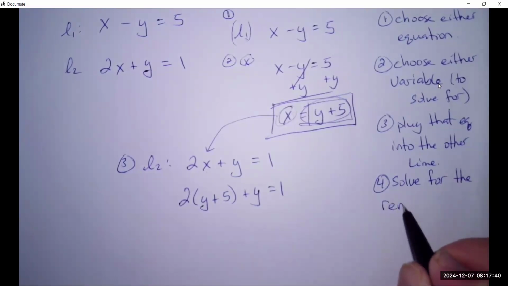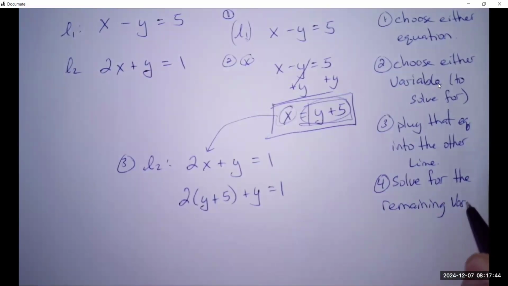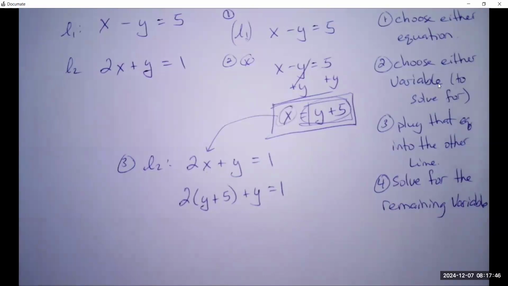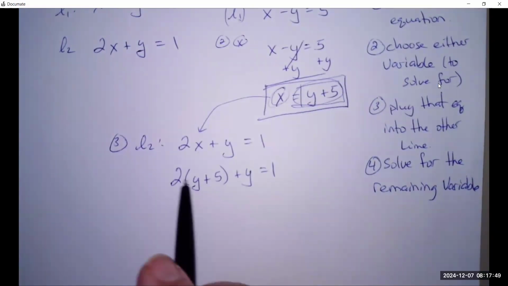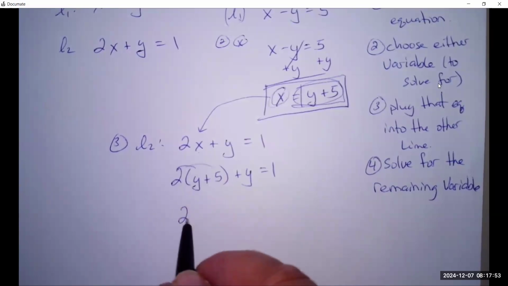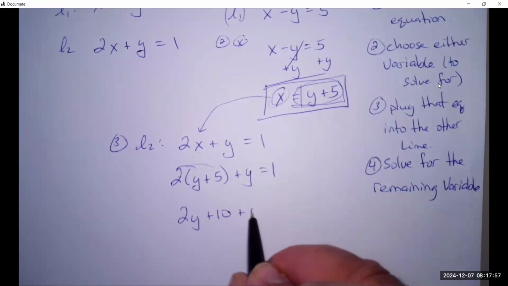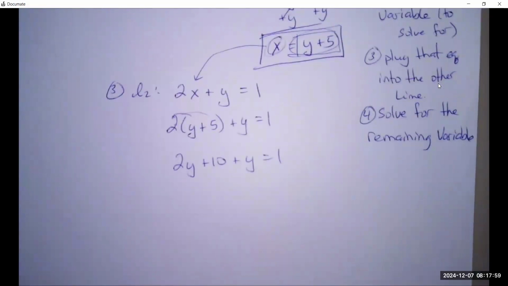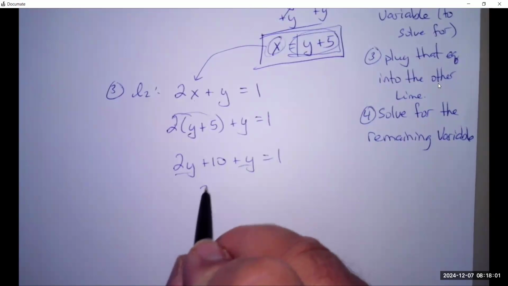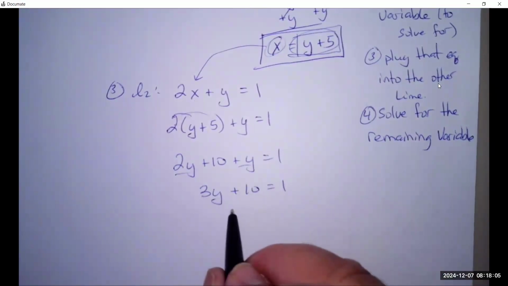Then solve for the remaining variable. I have one line now with only one variable. So I solve for y. So I have 2y, 2 times 5 is 10. Combine like terms. 3y plus 10 equals 1.